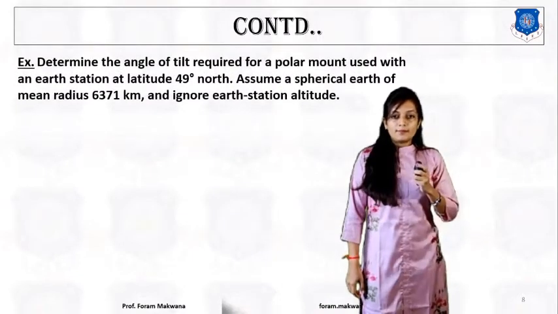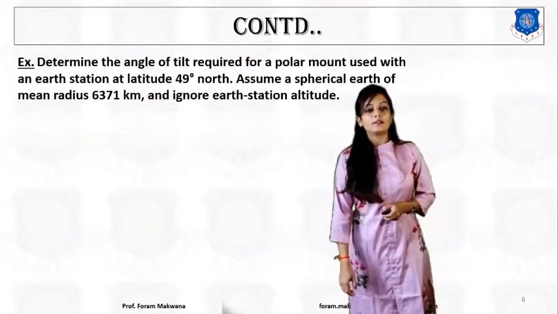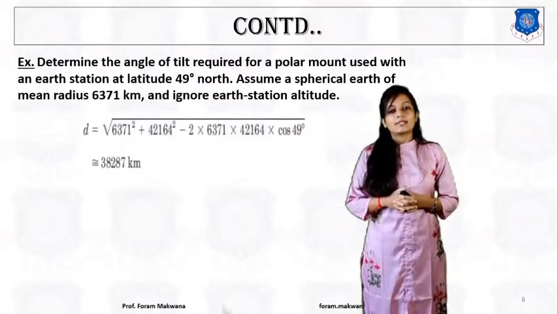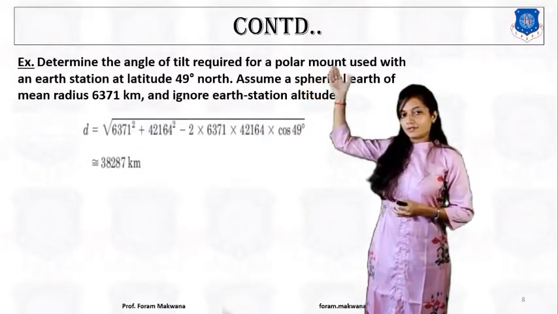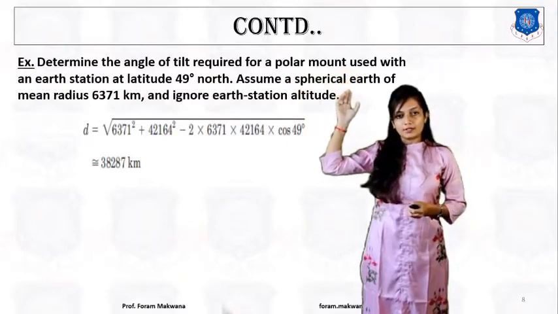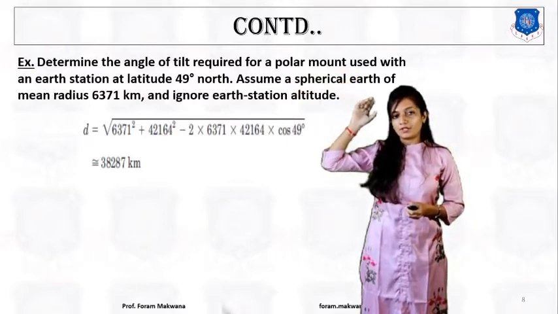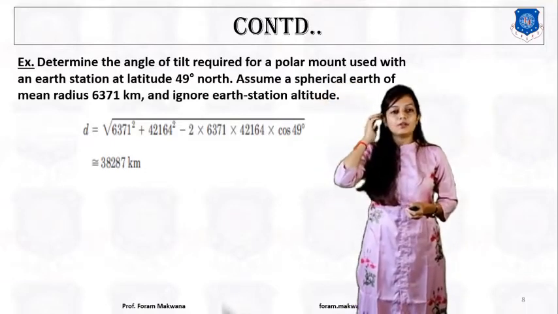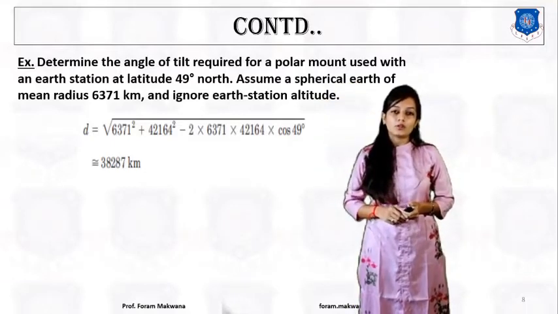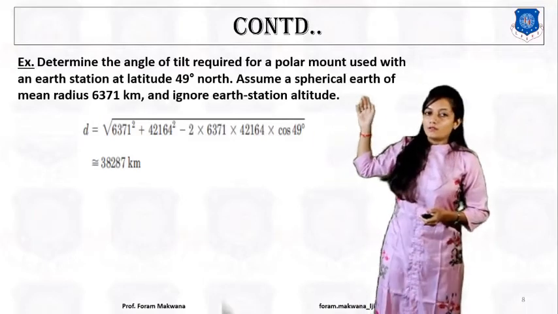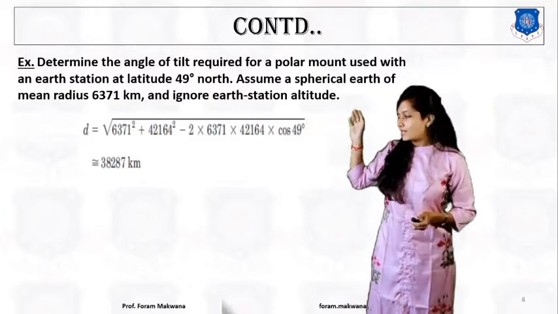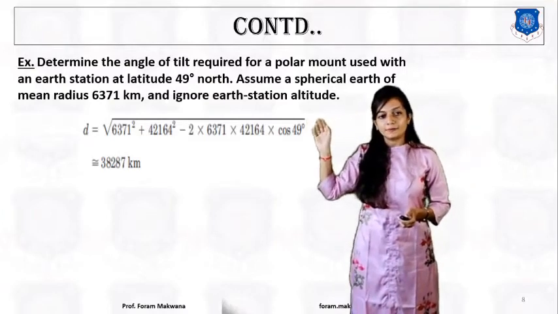Now let's take one example to calculate the angle of tilt. The statement is: determine the angle of tilt required for the polar mount antenna used with an earth station latitude of 49 degrees north. We have to assume a spherical earth of mean radius 6371 kilometers.